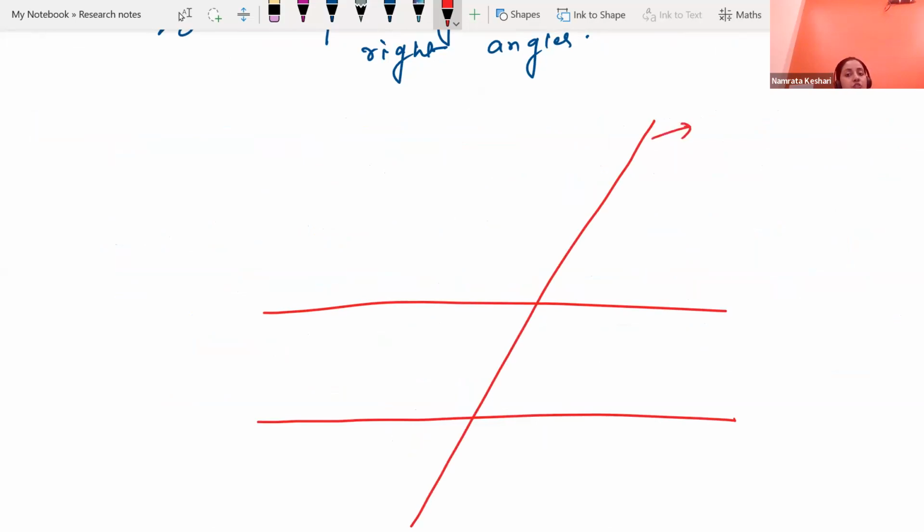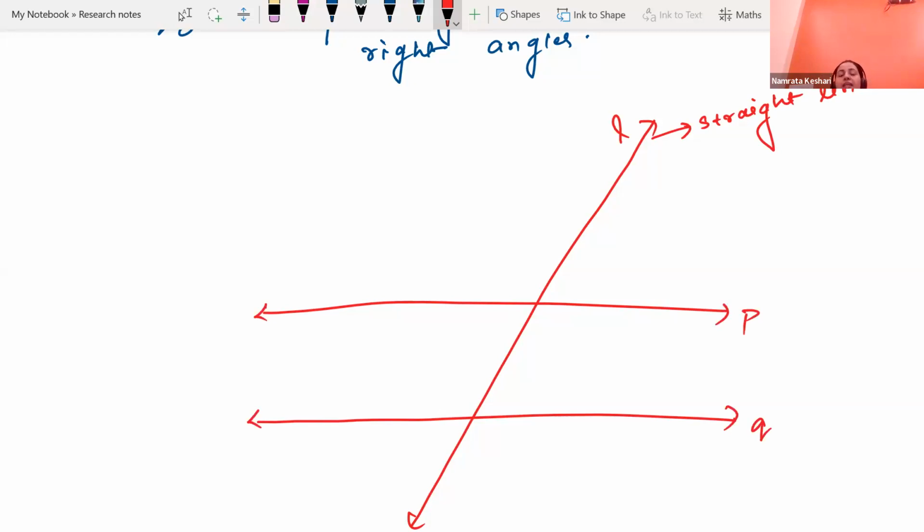If a straight line, this is the straight line which the statement mentioned at first. Let's name it L. If a straight line L is falling on two straight lines, we have drawn it in such a way that this straight line L is falling on P and Q. Is it clear so far?